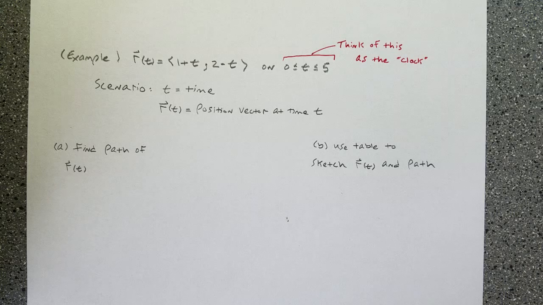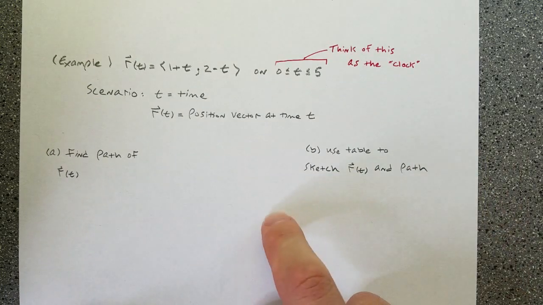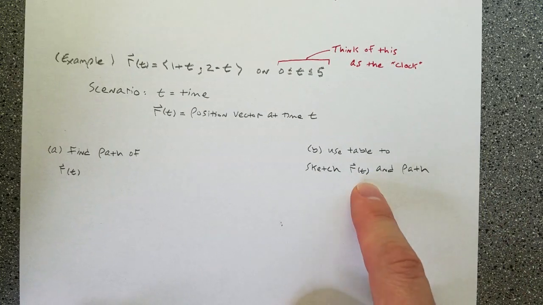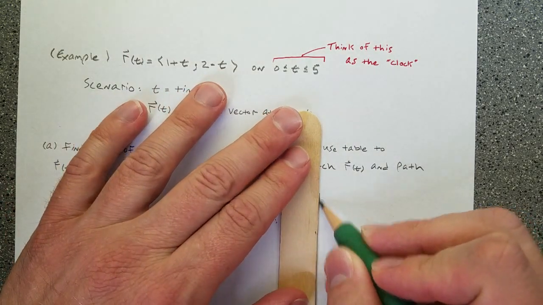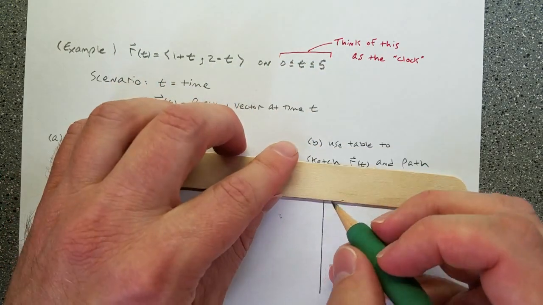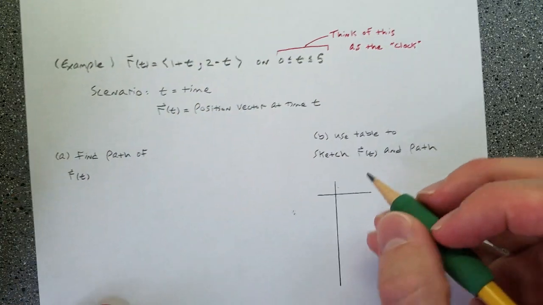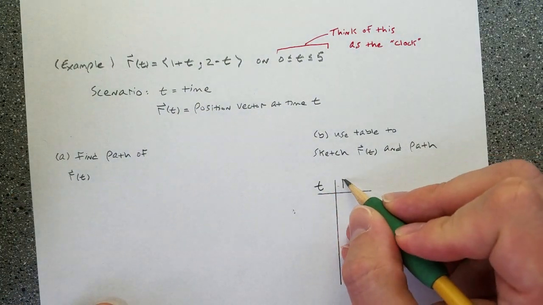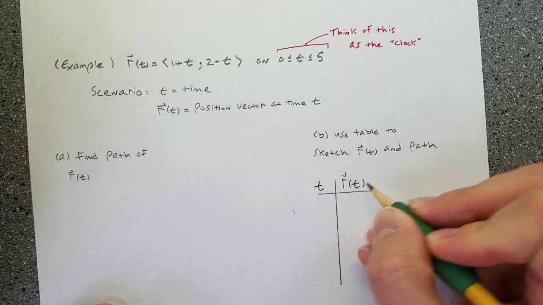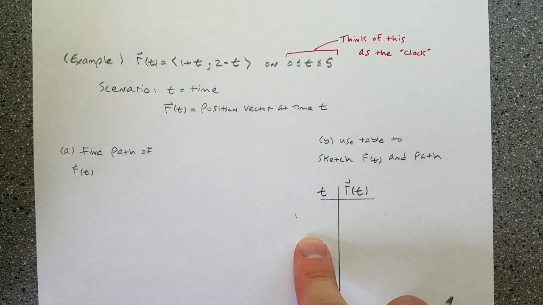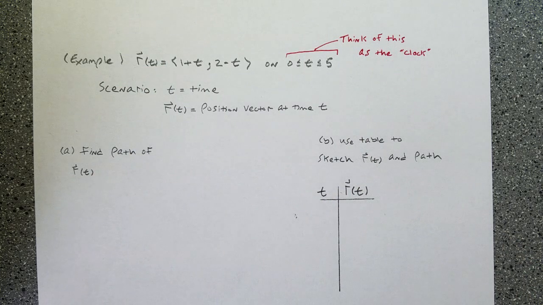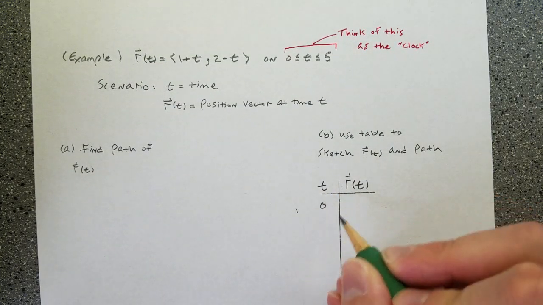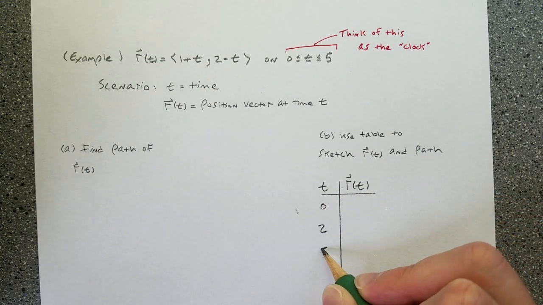Let's try to do B before we do A, even though it makes sense to do A before B. It says use a table, and of course, we would have to use times that are within the clock that's running on this moving object.